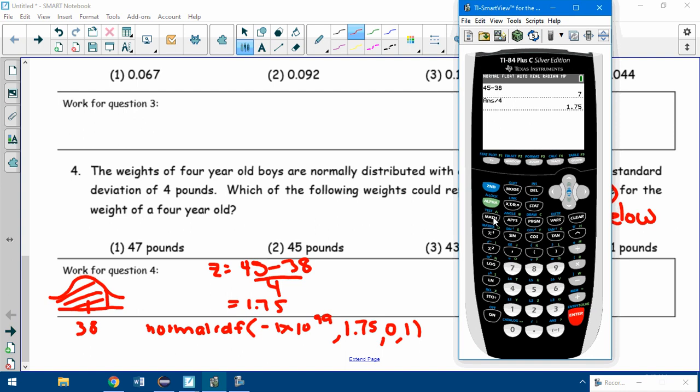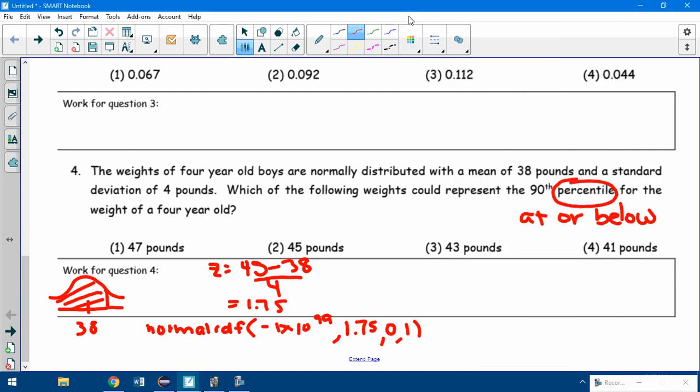And let's see what that gives us. So second distribution, normal CDF. We've got negative infinity already in there. Put 1.75 right here. Mean of 0, standard deviation of 1. That's what we always have. And that's 0.96. So that's really at the 96th percentile.